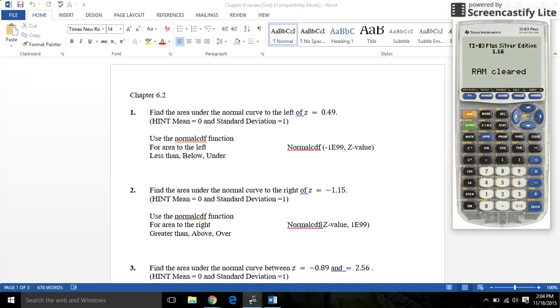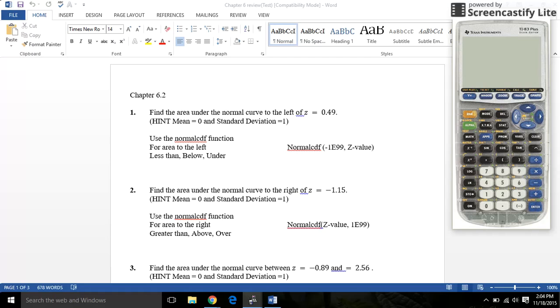I have problem number 1: find the area under the normal curve to the left of z, where z equals 0.49. Again, my mean is 0 and my standard deviation is 1. For these types of problems, when I'm trying to find an area, I use the normal CDF function.